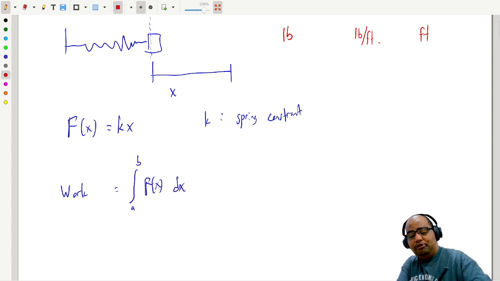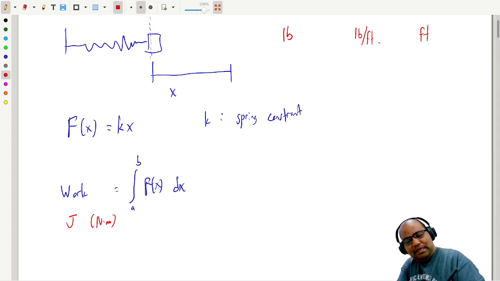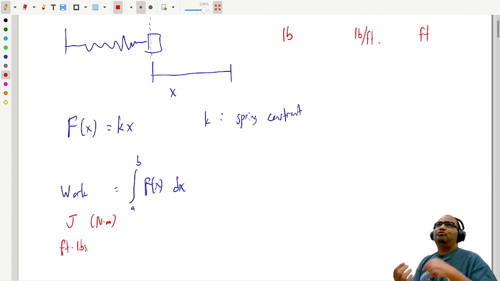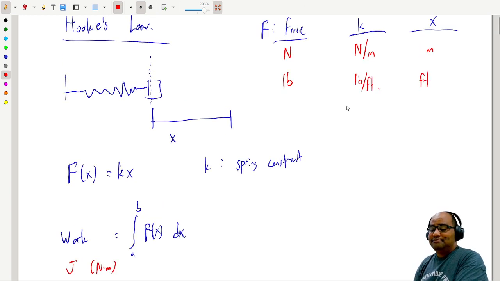The units are joules in SI units, newton meters, and in imperial units, sadly, we just have foot pounds. To find work, which is the change in energy in our system, we just integrate our force function. This is how we handle it when we have springs.